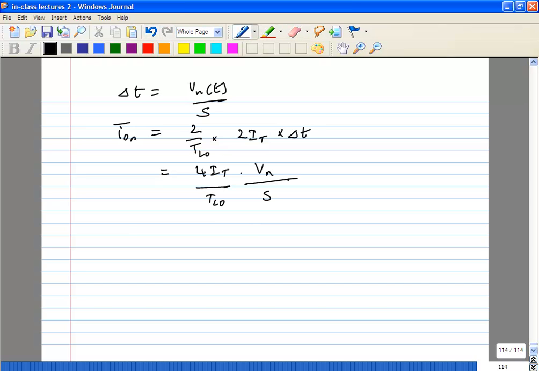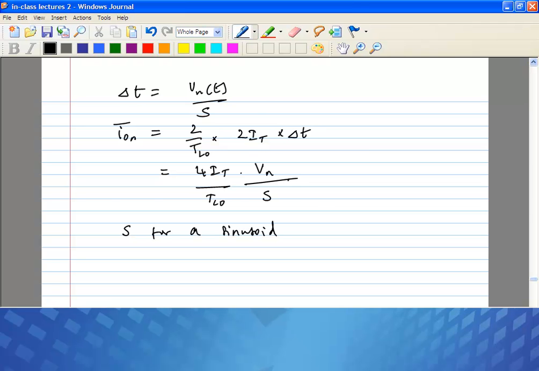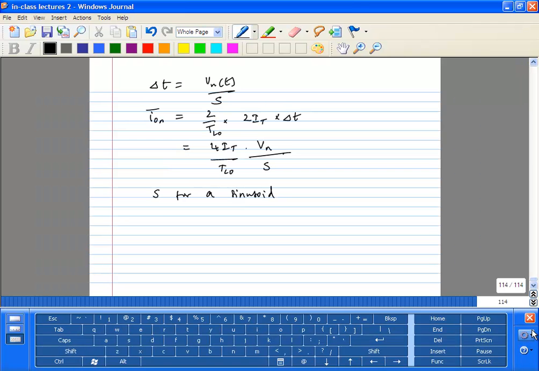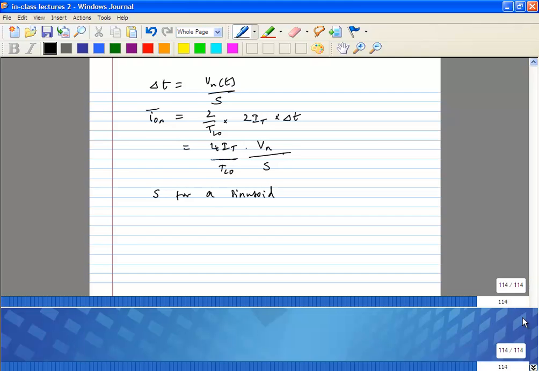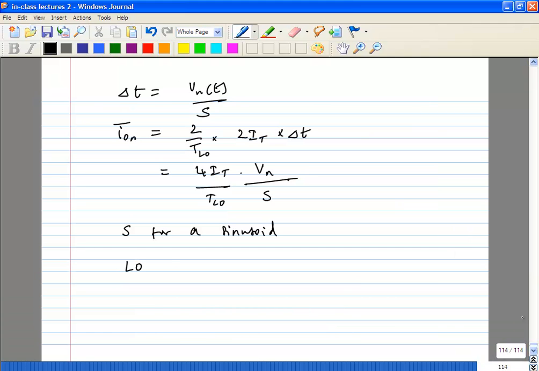What do we know about S for a sinusoid signal? Let's say your LO signal is plus or minus sin omega LO t.